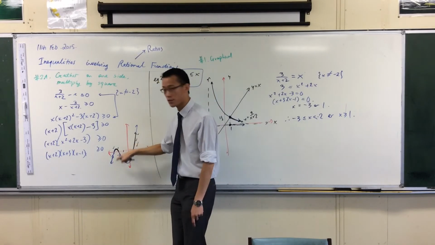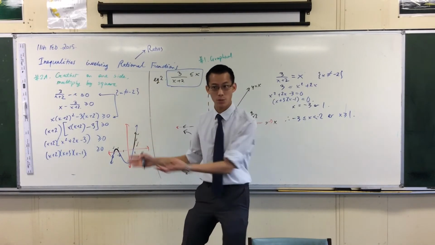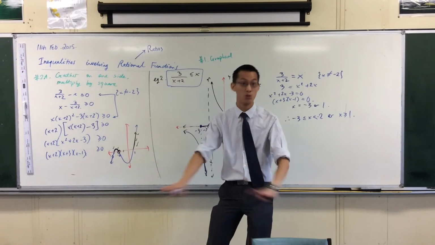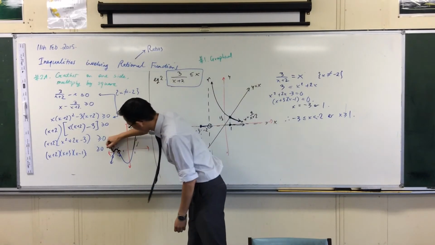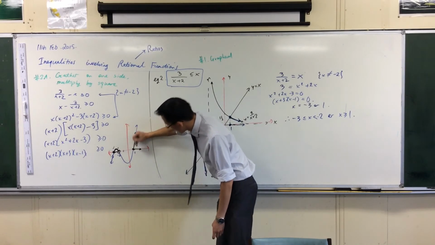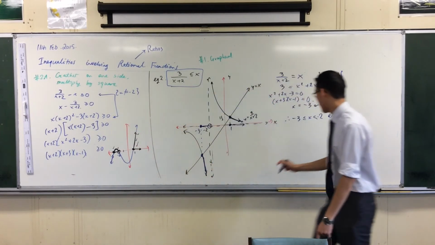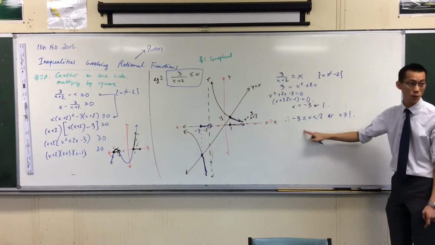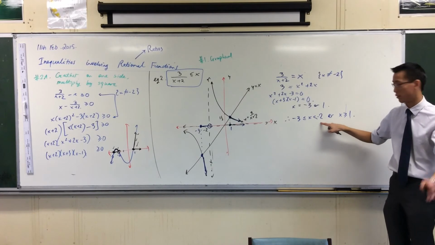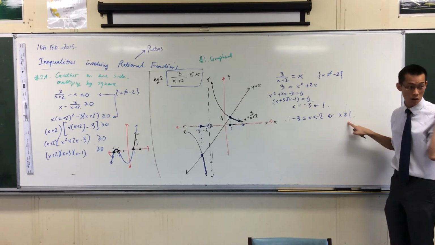Even though negative 2 looks like it's within my region, it's not, because I expressly excluded it from the beginning. This part's okay. This part's okay. And surprise, surprise, I have exactly the same answer that I had before: negative 3, inclusive, up to negative 2, not inclusive, and then from 1 onwards.